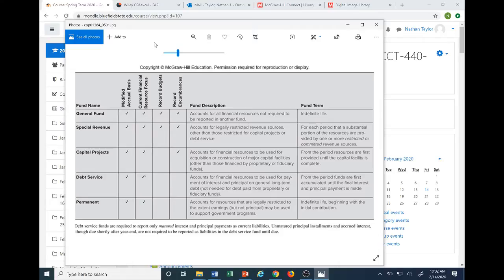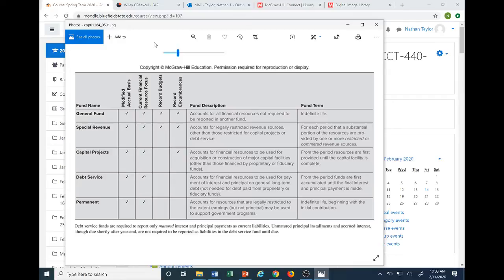First one we see here is the general fund. We know that it operates on modified accrual, as all these do. So the first box can be checked for all of them, but we'll still go through them. General fund operates on modified accrual, so therefore we know it's on the current resource measurement focus, right? It does record budgets and does record encumbrances, and it accounts for all financial resources not required to be reported in another fund.